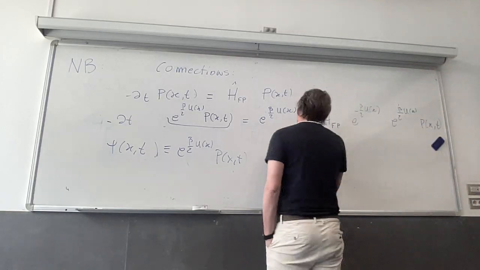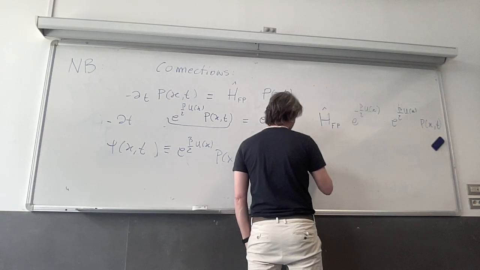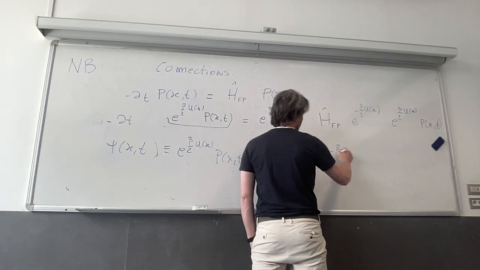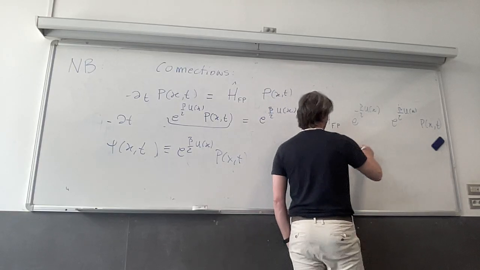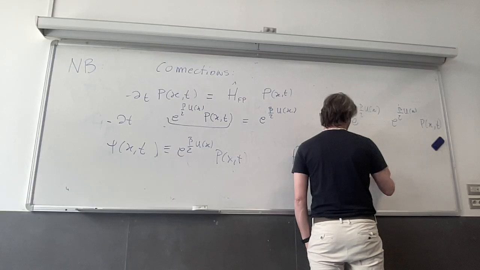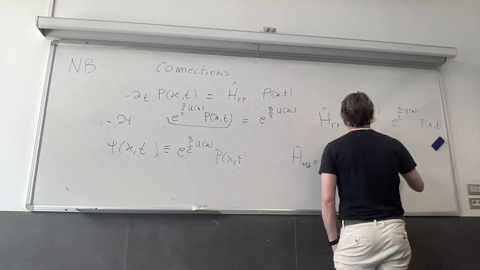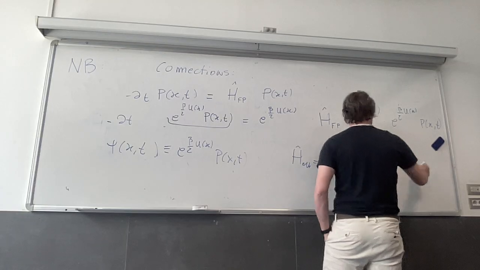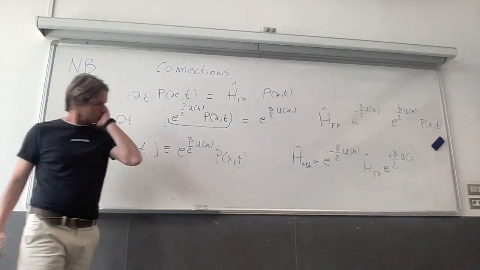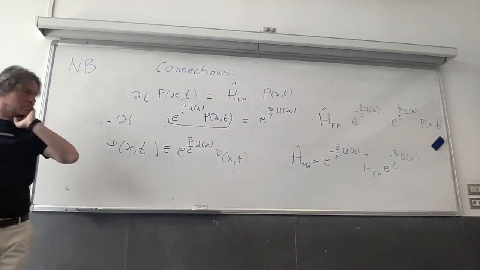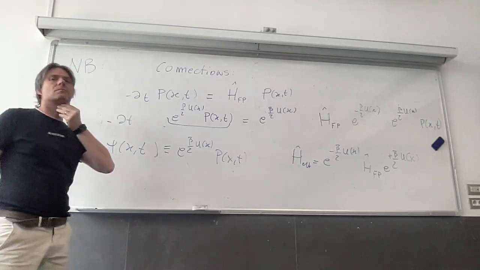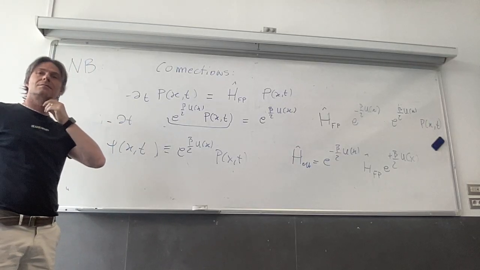And then we give a name, H effective, to this particular non-unitary transformation of the Fokker-Planck operator. Right?